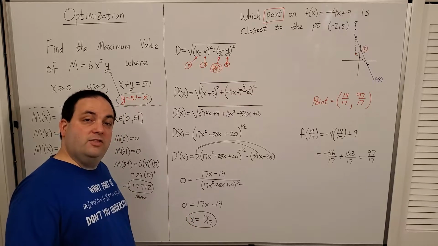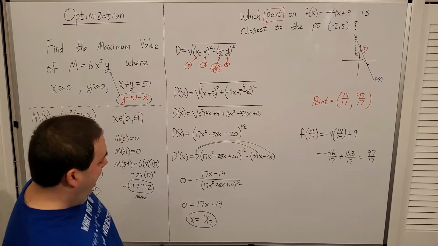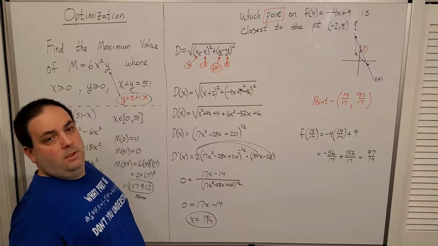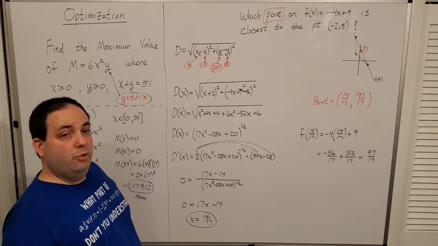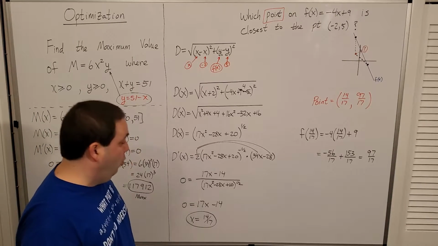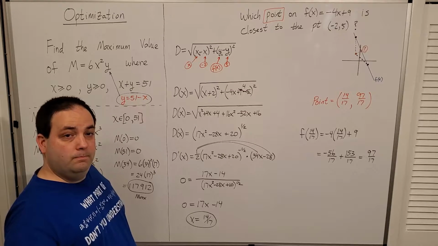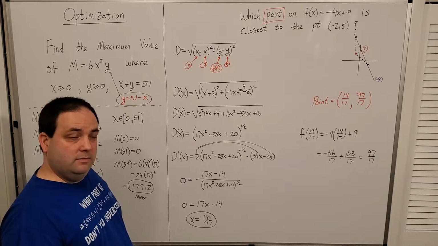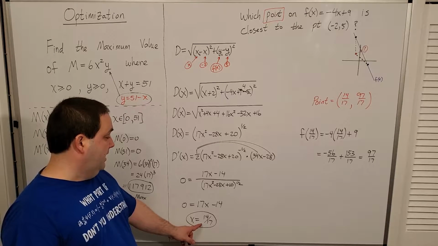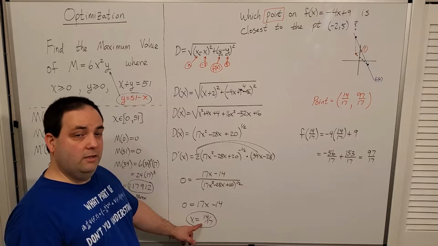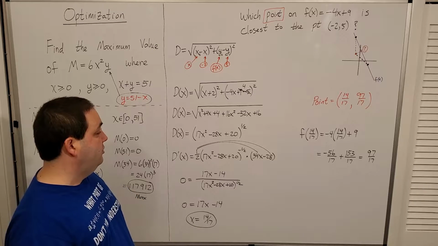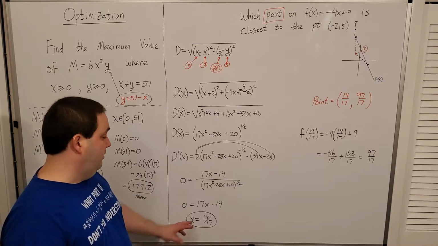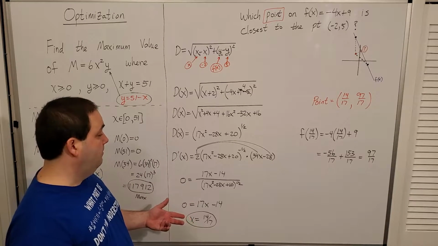Now, here's another side question. What if someone says, hey, how do you know that's a minimum? Well, there's other ways of proving that. If you recall, we have a theorem for the second derivative test, right? If I have something that has been identified as a critical value, all I need to do is find the second derivative and plug it in, okay?